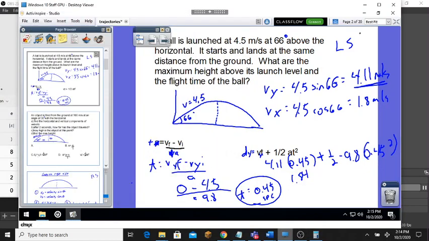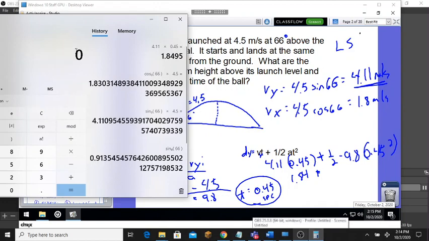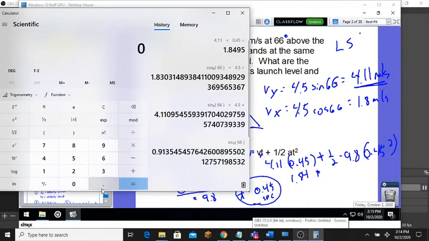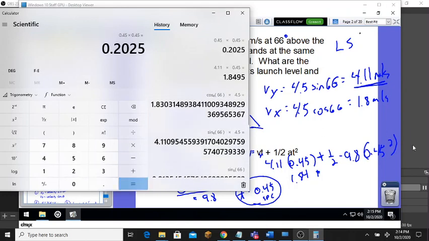I'm just going to use two numbers. Now I'm going to square 0.45. 0.45 times 0.45 equals, and now I'm going to multiply it times negative 9.8.